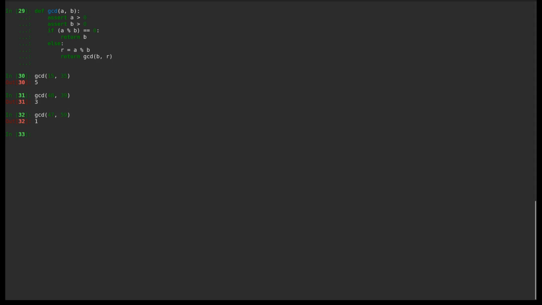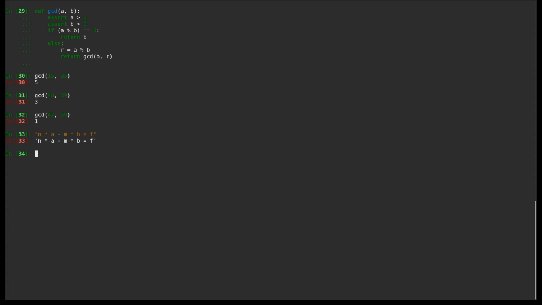Why do we care about GCD? Well, it turns out that we can modify this GCD algorithm in kind of a clever way. We can modify it to tell us not only what the greatest common factor is, but we can also get it to tell us, if we have n times a minus m times b equals whatever our greatest common factor is, what n and m are.